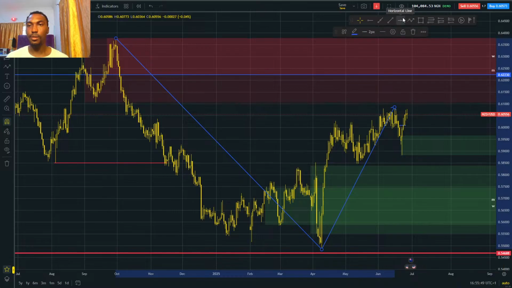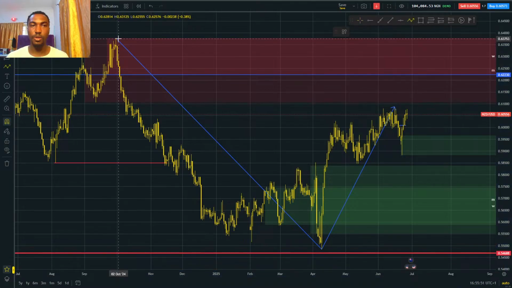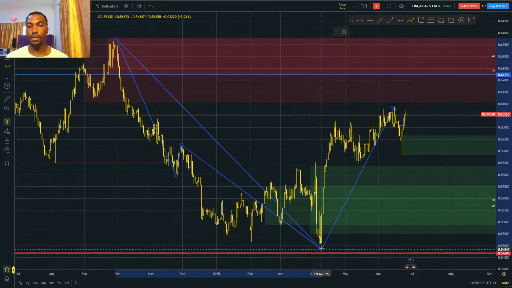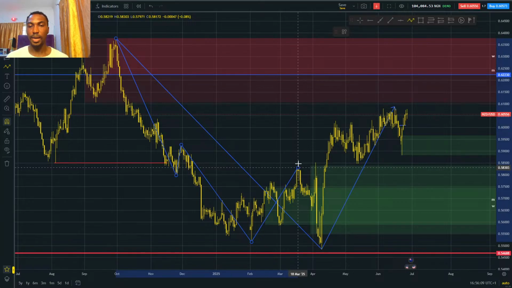You can then now clean the structure into a smaller structure. Smaller structure is, maybe you could call this high. It doesn't matter anyhow you want to call it anymore because price has broken all of them actually. Call it this low. Let's just call it this low. To this high, to this low, to this high, this low, and this high.